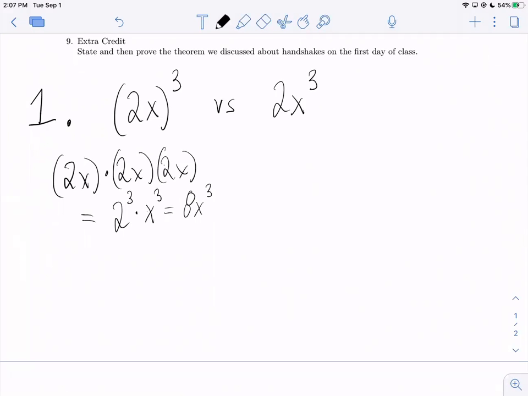How about this? What's the difference between minus x to the fourth versus minus x to the fourth? And can anyone explain, are they equal, why or why not?